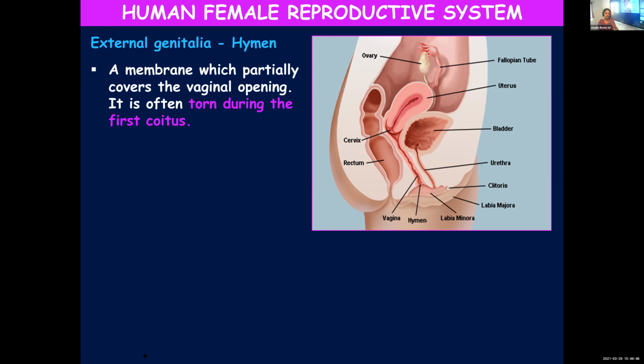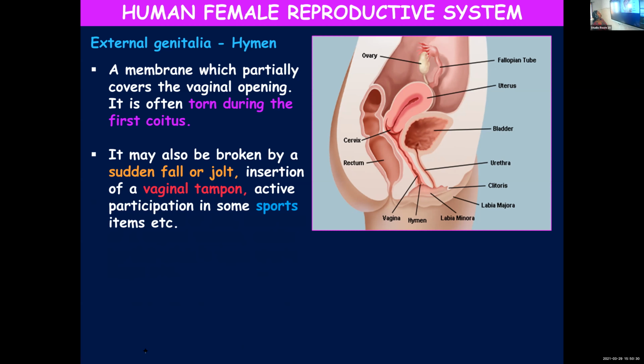In some females, even after sexual intercourse, the hymen persists. So the presence of hymen cannot be considered a reliable indicator of virginity.